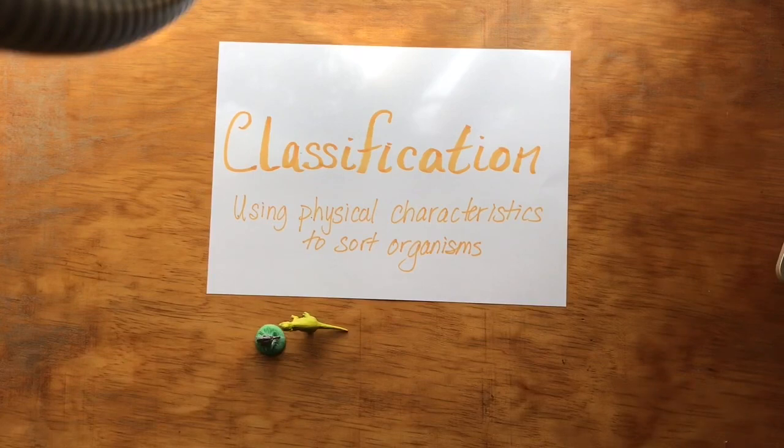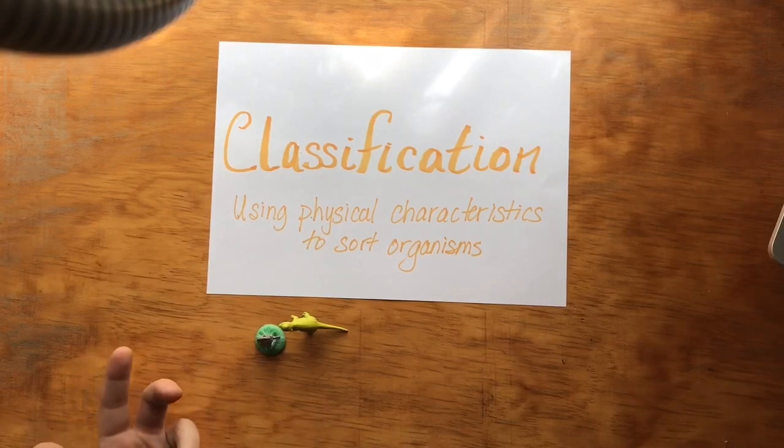So first of all, for those of you who don't know what classification is, it is a way to sort organisms based on physical characteristics. So really, for example, it is more than a comparison.